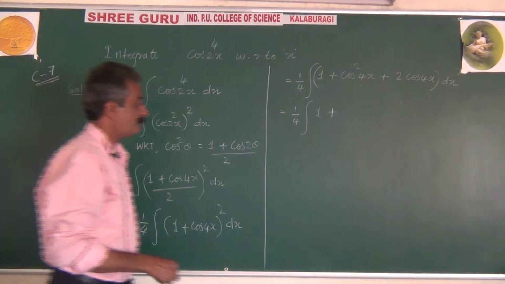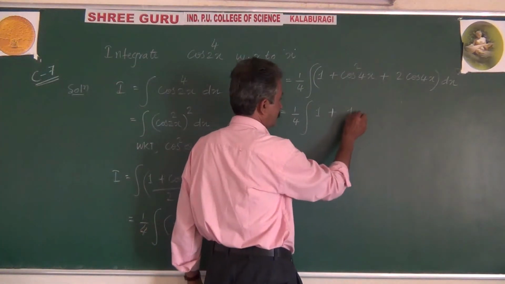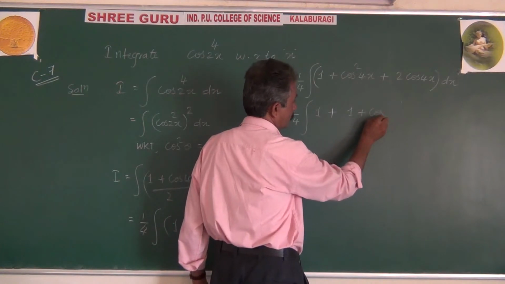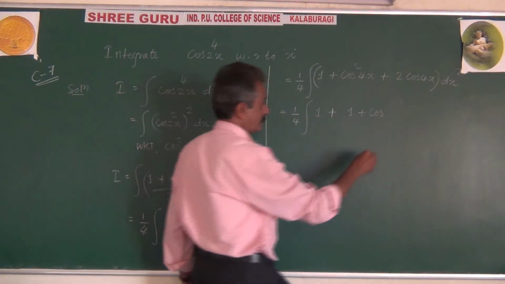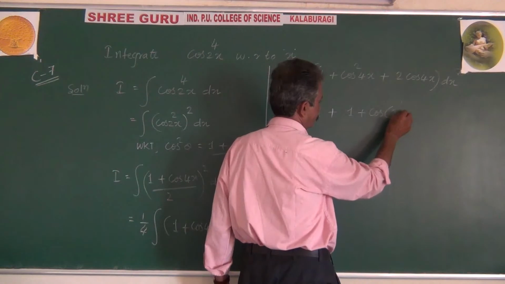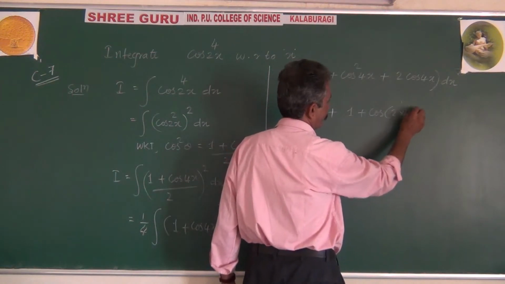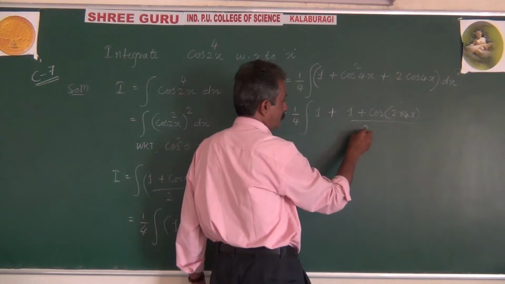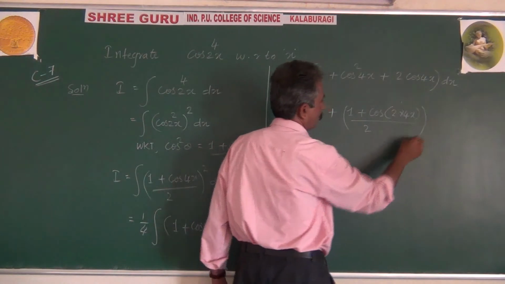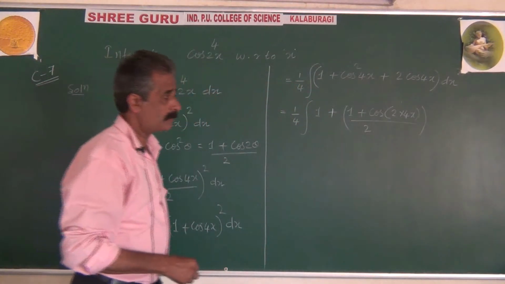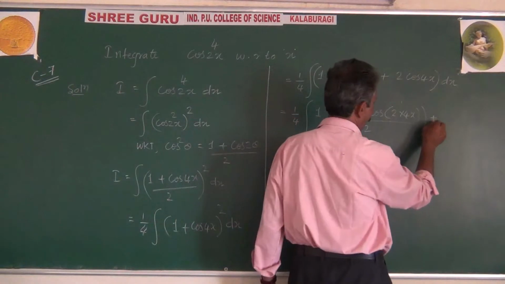Using the cos square theta formula, we can write 1 plus cos of 2 into 4x, divided by 2, plus 2 cos 4x remains the same.